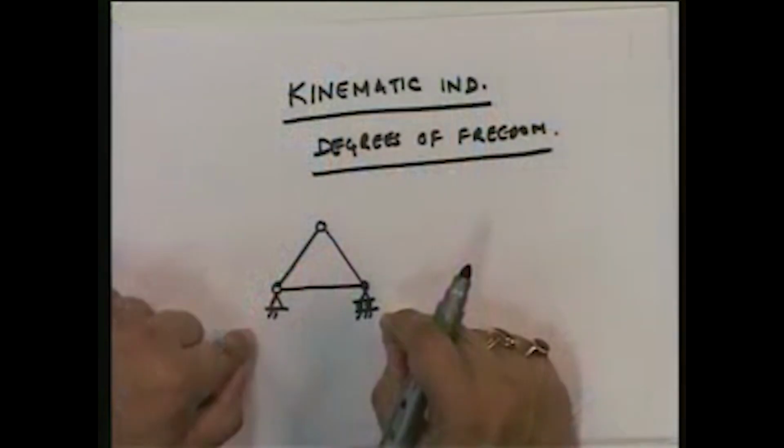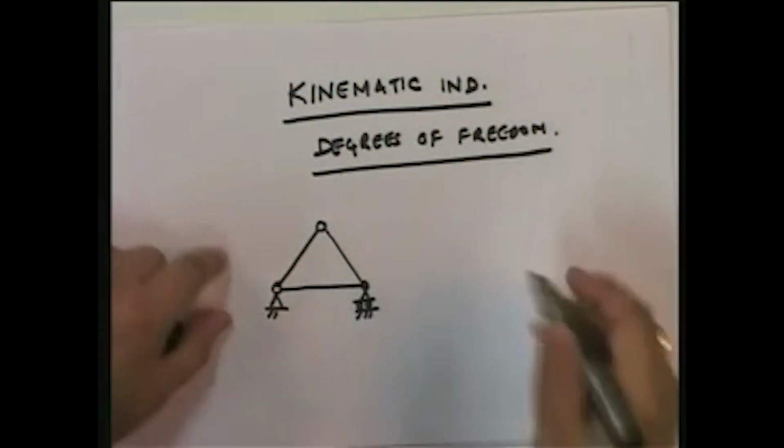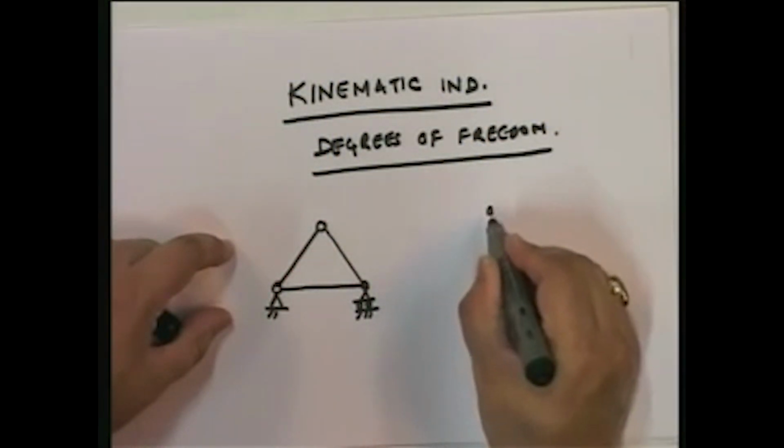Before that, I need to define what a kinematically determinate structure is. Remember, it's very easy for you to know how to get the statically determinate structure. You know when you look at it what a statically determinate structure looks like. How do you see a kinematically determinate structure? Let's take this same structure and I want to make this kinematically determinate. How will I make it kinematically determinate?